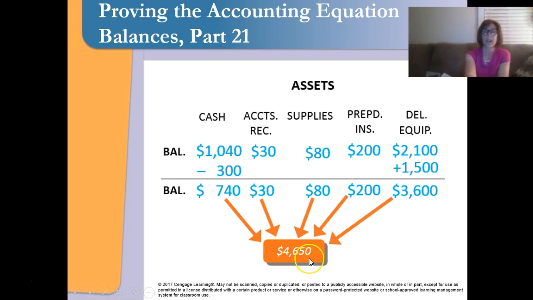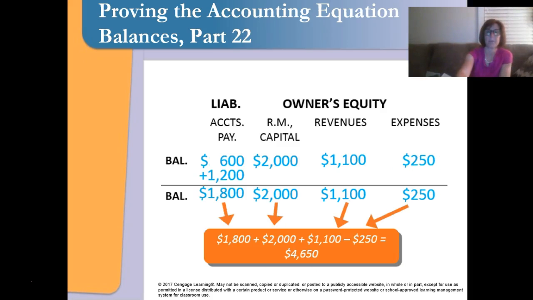And that gives us total assets of $4,650. And we've got to remember on the right side of the equation, our liabilities went up by that $1,200 that we now owe for that. So our liabilities are now up to $1,800, and nothing else was impacted by that transaction. So we have $4,650.